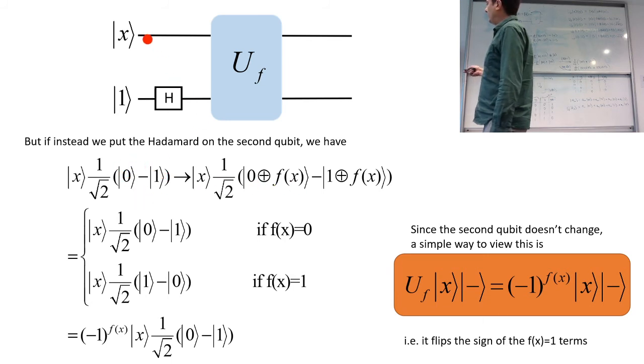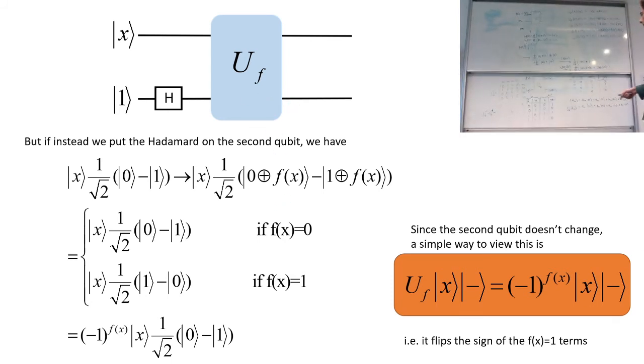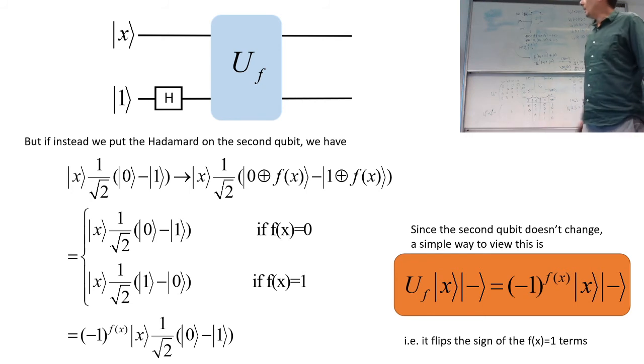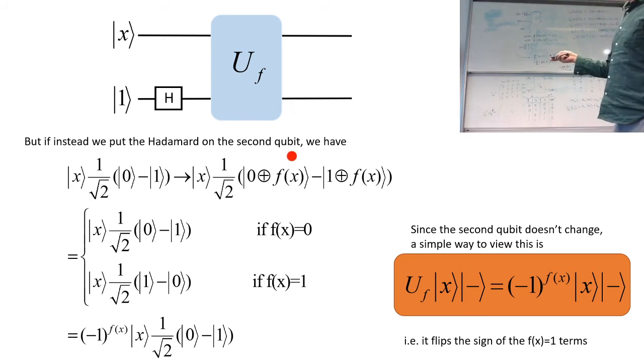And when you go through and do the oracle, because the oracle adds this f of x into the second qubit, it creates this state which is 0 plus f of x minus 1 plus f of x.